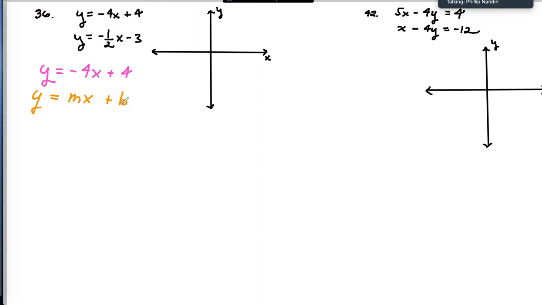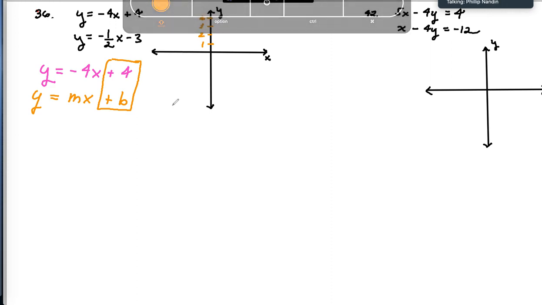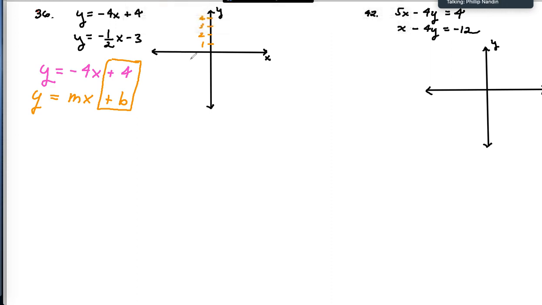So I can easily see that b is 4, which means my y-intercept is 4. So I go up to 4 along y, 1, 2, 3, 4, and you guys will have graph paper for this on the test. So I go up to 4 and I mark off 1 point. This is my first point, graphing this line.